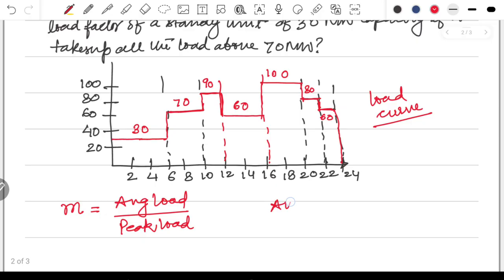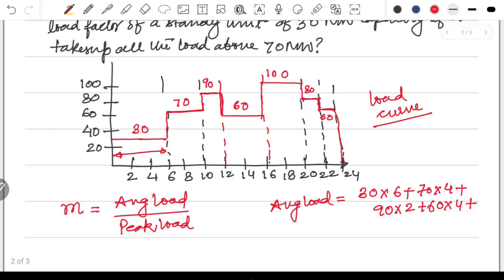So the average load will be the power generation. That is nothing but 30 into 6, because this is for 6 hours, then 70 into 4, then 90 into 2, then 60 into 4, then 100 into 4, then 80 into 2, then 60 into 2, and this whole will be divided by 24.